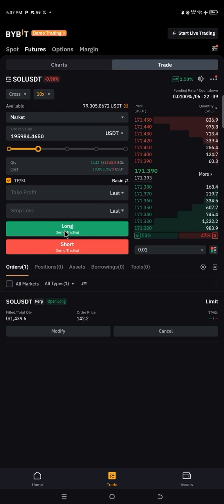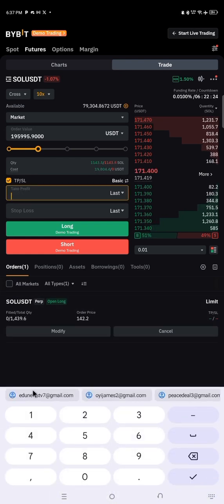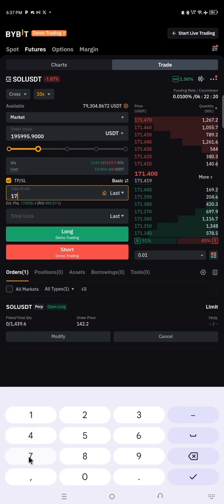So now I don't want to put them, but for the purpose of this tutorial, let me put them. My take profit is where I want to take my profit, at 174.